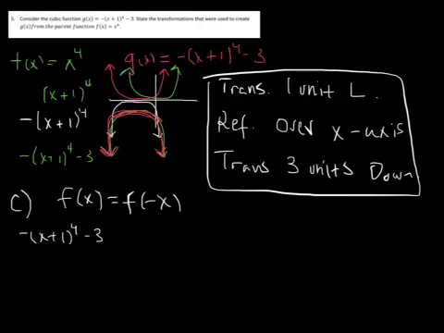And what is, and I'll put a question mark here because we don't know yet, what is f of negative x? Well, now I would plug in negative x, and I would have negative x plus 1 to the 4th power minus 3. And let's just consider, are these things equal?